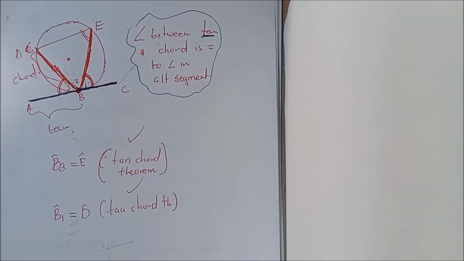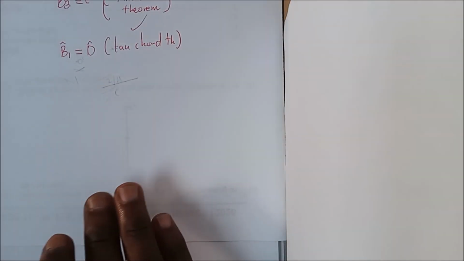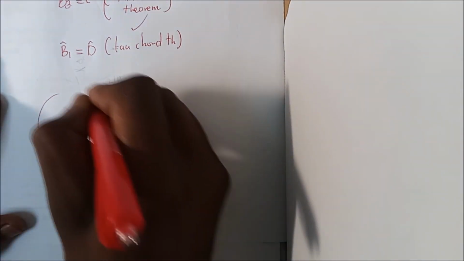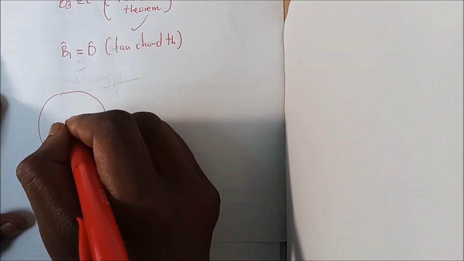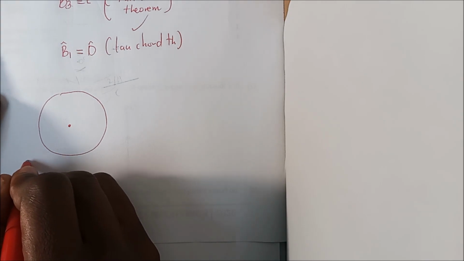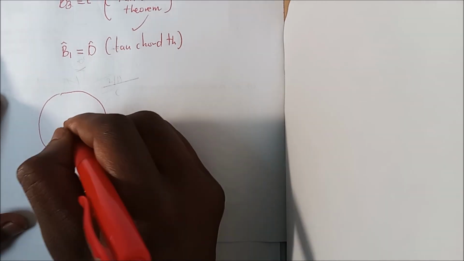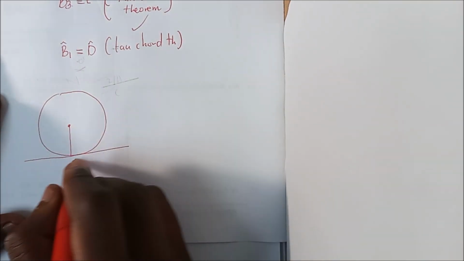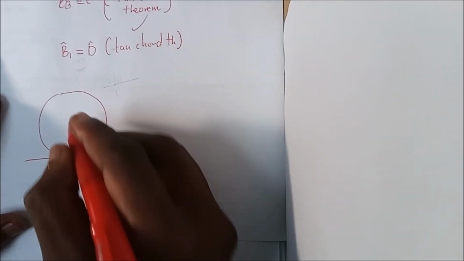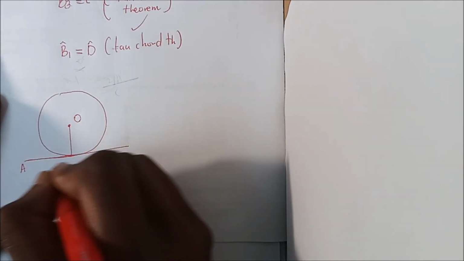So another thing on tangent, what you have to know, you need to know it because you're going to use it in circle geometry. Those who are in grade 12, I'm sure you can attest that you use this theorem a lot in circle geometry.